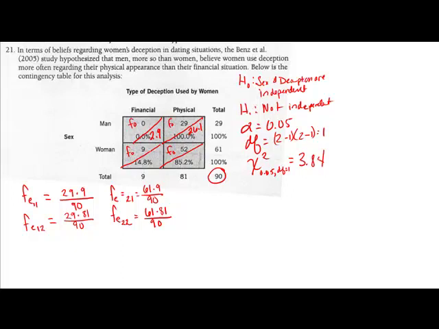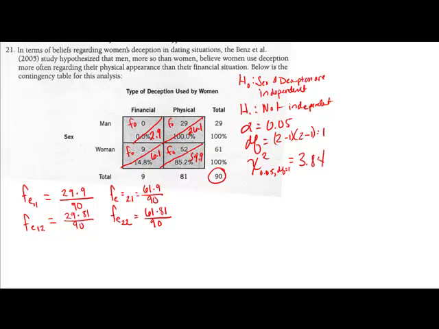So 61 times 9 and then divided by 90 is 6.1. And lastly, 61 times 81 divided by 90, 54.9. Okay.